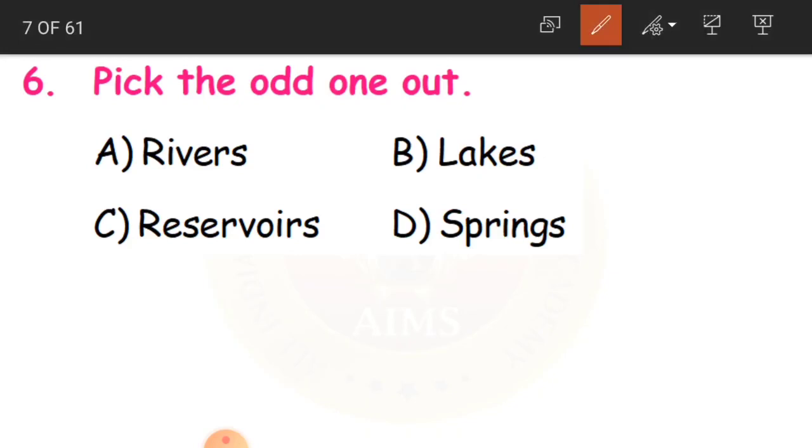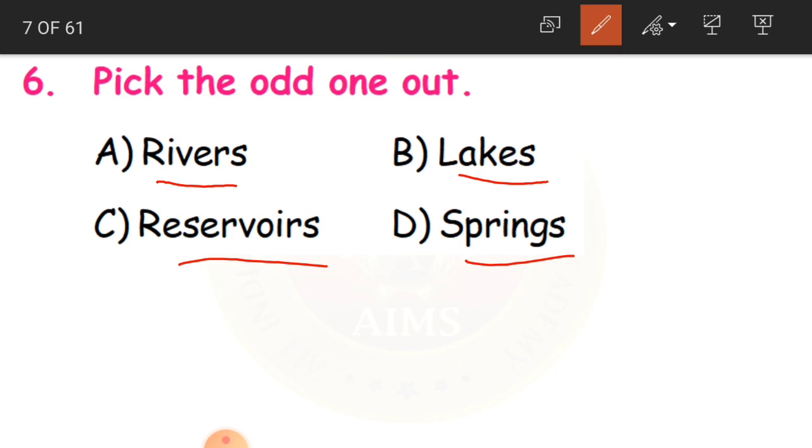The sixth one is pick the odd one out. Here you have rivers, lakes, reservoirs and springs. Rivers you know, lakes you know. What are reservoirs children? Reservoirs are also lakes which are used as a source of water supply.